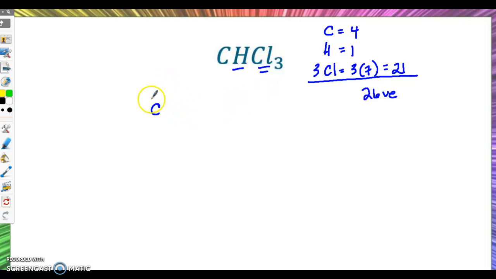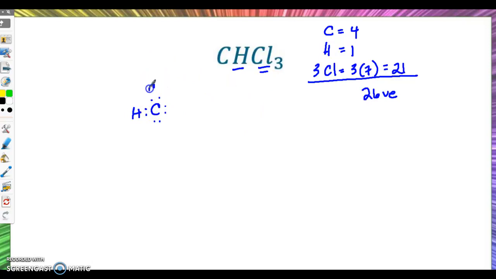Okay, so I'm going to use the dots for now. Eventually, I'm just going to use the structural formulas where I'm using dashes for bonds, but for now I can use dots. Carbon wants 8 valence electrons, just like most elements do. I'm going to put a hydrogen on the other side of one of those pairs.